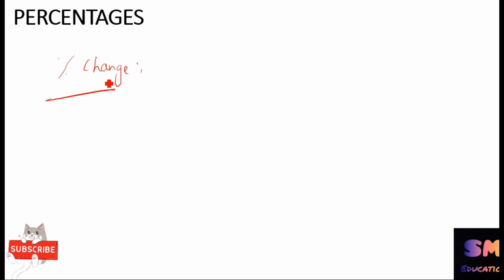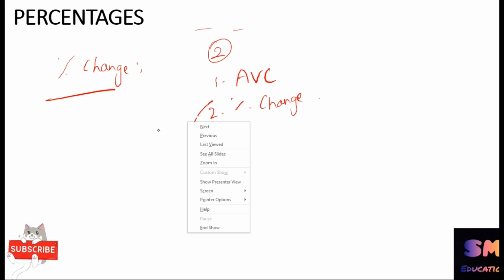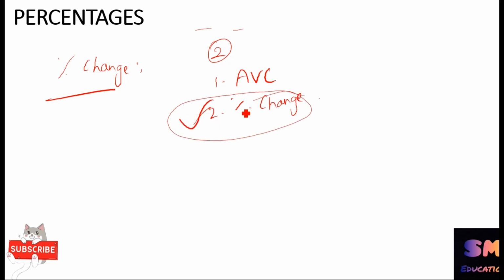When a measured quantity is changed, there are two types: the first is absolute value change and the second is percentage change. We have more problems on the concept of percentage change, so this is mainly important and mainly used in percentages.